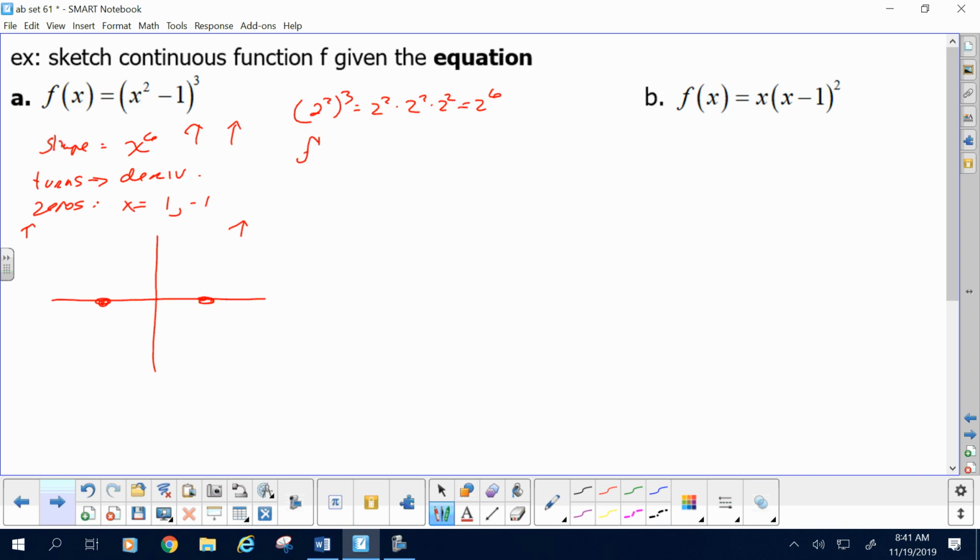What is the derivative? Squared... 2x. Okay. This will have zeros at 0 and plus or minus 1. Do you agree? Okay. So in terms of the shape of this bad boy, what about the points less than -1?